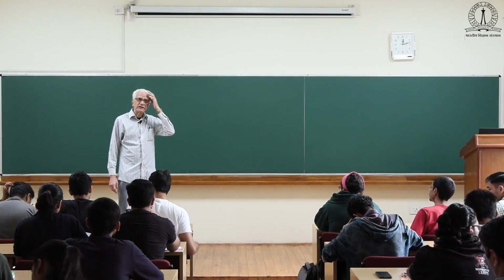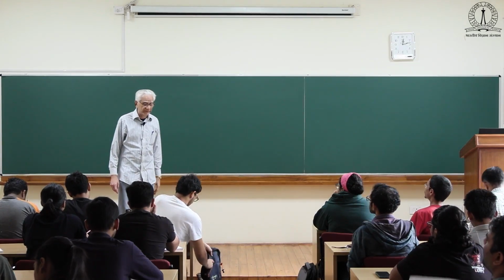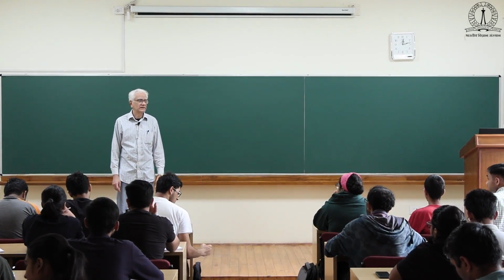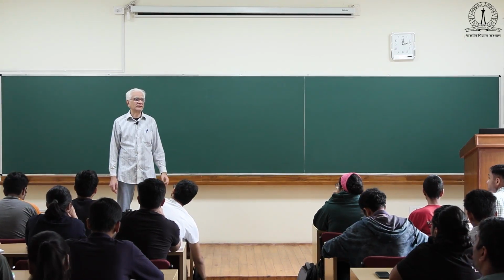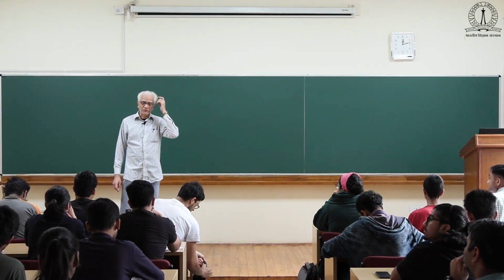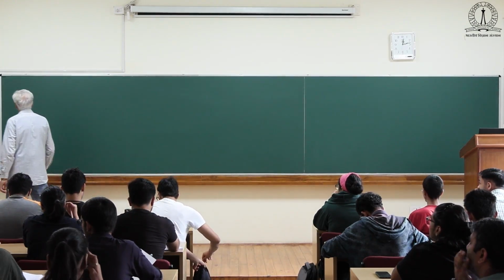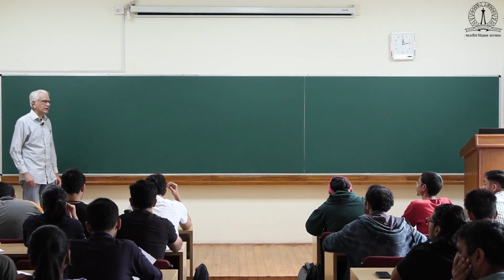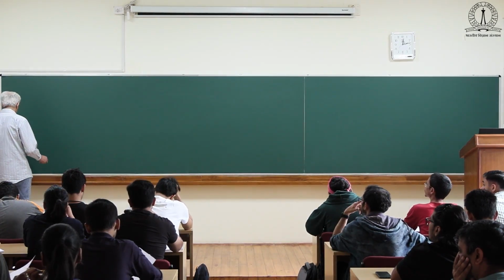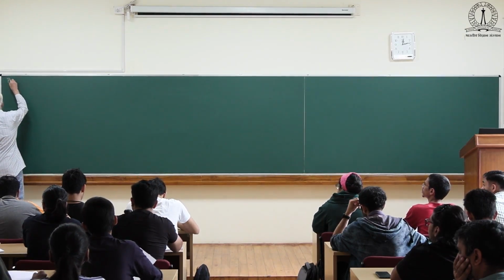So in the last lecture I gave various properties of the unitary group of 2 by 2 matrices, the group which is commonly called SU2, and I gave a particular basis for writing down these 2 by 2 matrices.